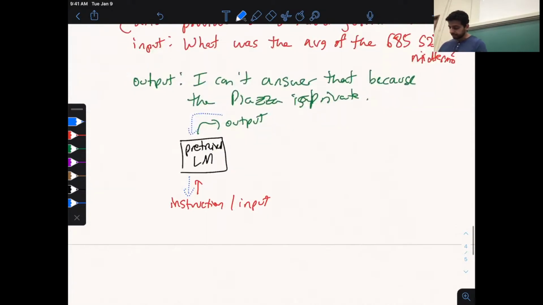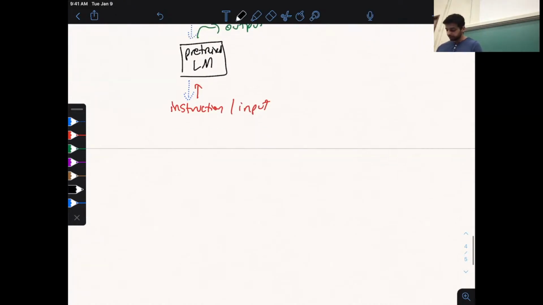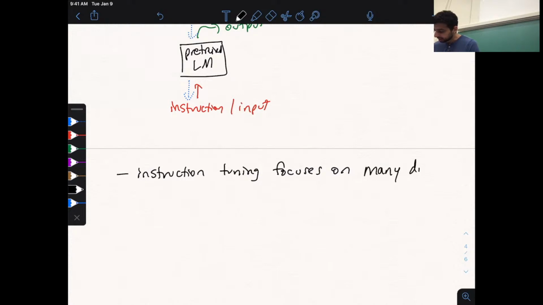So just some highlights of this approach. First, instruction tuning focuses on many different tasks at once, not just one.